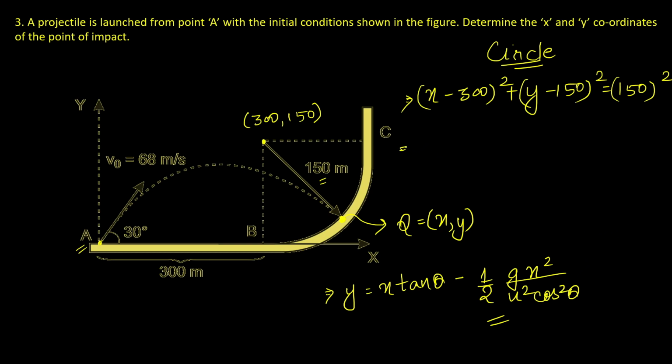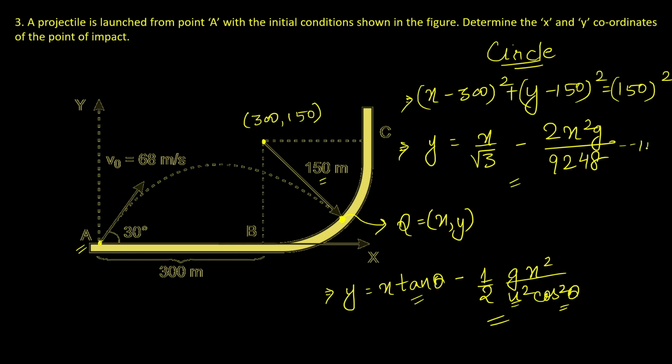Using that, the other equation will be y equals x upon root 3 minus 2 x square g upon 9248. You just need to put in all the values, like tan theta for 30 degrees, and u and cos theta. After putting in all those values and solving, you will get this. This is our equation number 2 and this is our equation number 1.